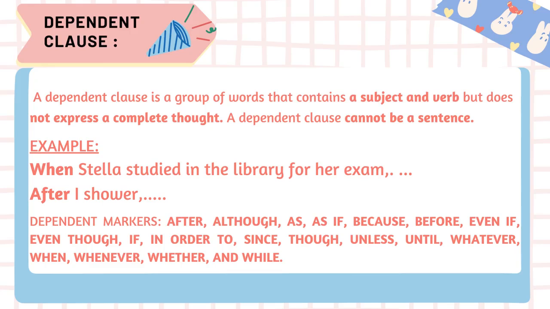So it doesn't make sense at all. It often comes with dependent markers like after, although, as if, because, before, even if, even though, if, in order to, since, though, unless, until, whatever, whenever, whether, and while.